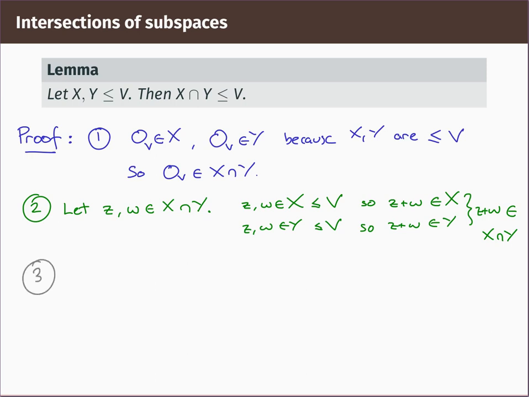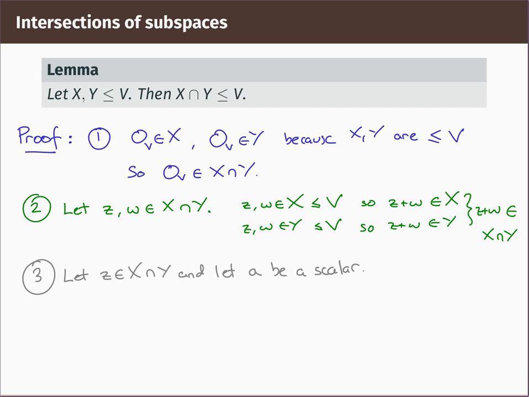And the last one is scalar multiplication. So we'll let z be an element of X intersect Y, and we'll let A be a scalar. And again, what that means is if V is a real vector space, we're letting A be some real number.